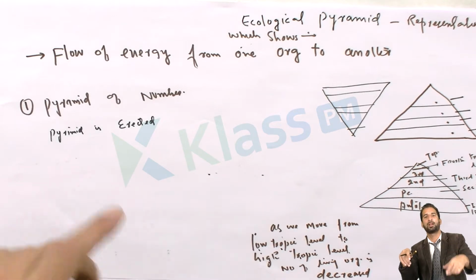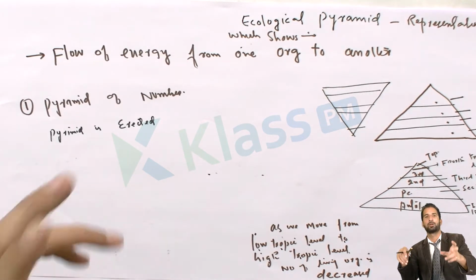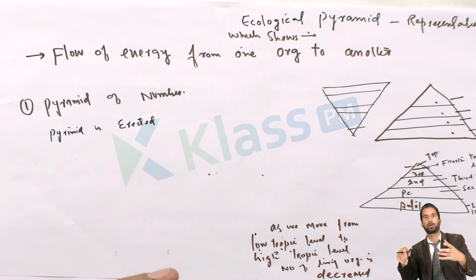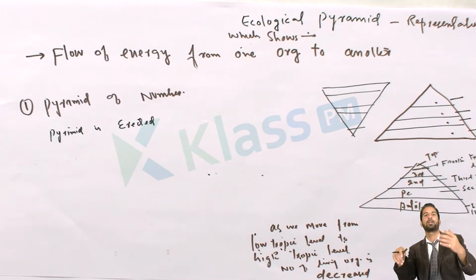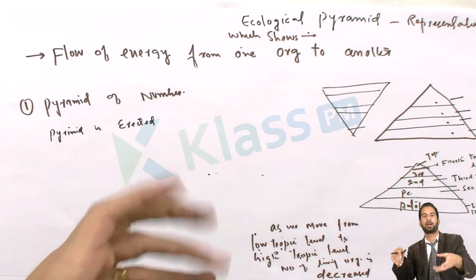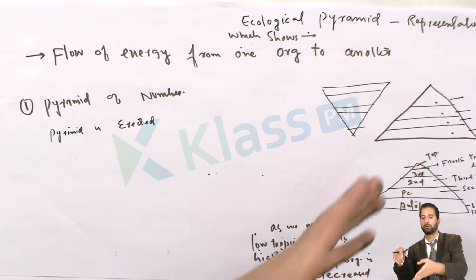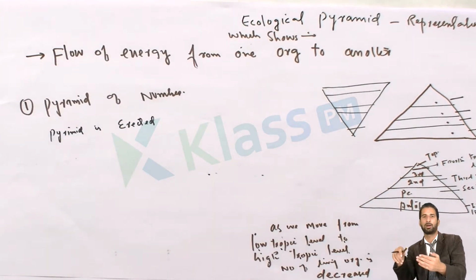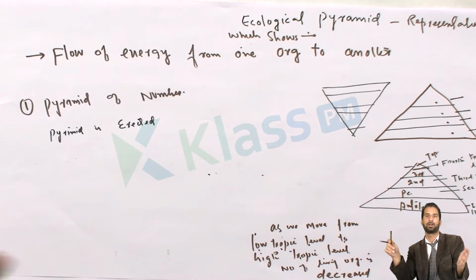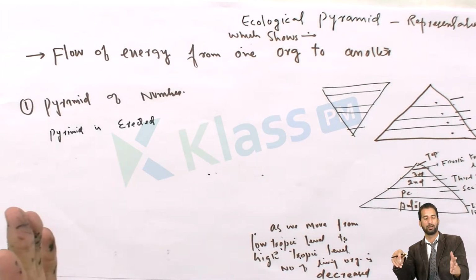So at the top, the top consumers would be at the fifth trophic level. At the final trophic level, the number would be less, and at the bottom of the pyramid, at the first trophic level, the numbers would be very, very high. So that is the case of an erect pyramid.